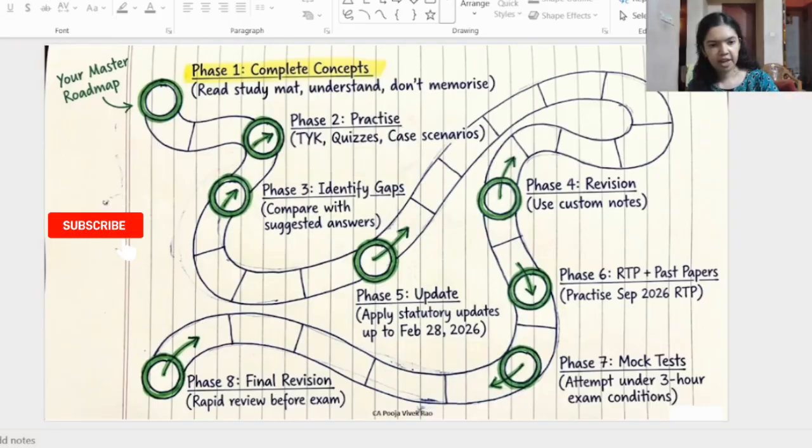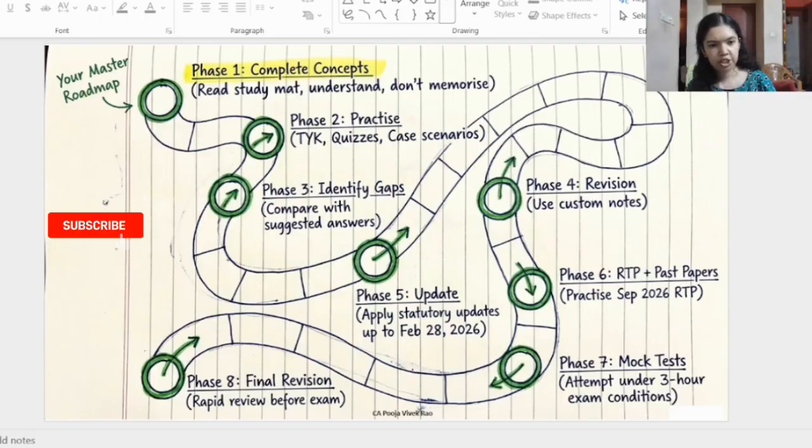So now let's see the final revision strategy. So your GST preparation should broadly follow this following sequence. Phase 1, complete the concept. Read the study material, understand the provisions. Don't merely memorize. Phase 2, practice. That is, practice, test your knowledge.